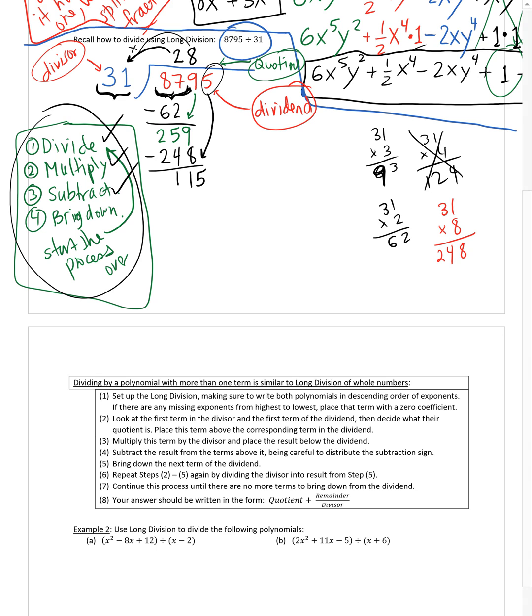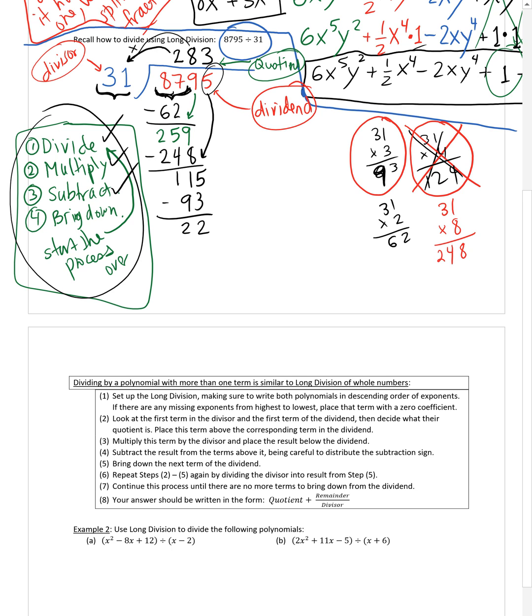I can use the work I did earlier. 31 times 3 was 93. 31 times 4 was 124. That's a little too big, larger than 115. So I must want 3 here. The quotient will be 3 for that portion. Now I'll multiply. 3 times 31 is 93. And then subtract. That's 22.